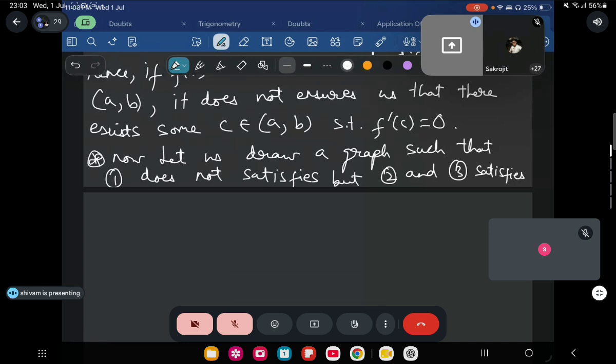Okay, I'll give you a counter example. You won't get any c of Rolle's in this case also. Pay attention.